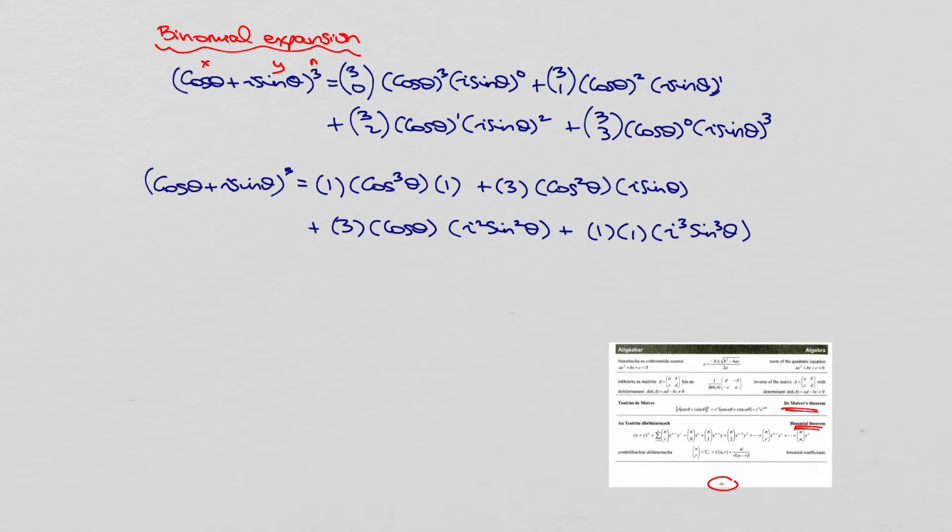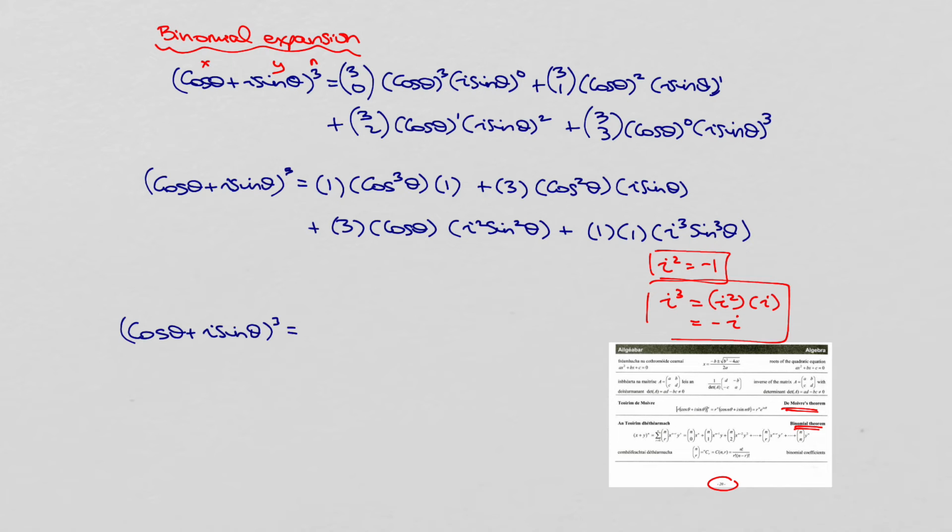Now we don't want this i squared and i cubed, so we have to remember that i squared is minus 1, which means that i cubed can be written as i squared times i, which is minus i. So if we tidy up that line, that gives us (cos theta + i sine theta) cubed is equal to cos cubed theta plus 3i cos squared theta sine theta.